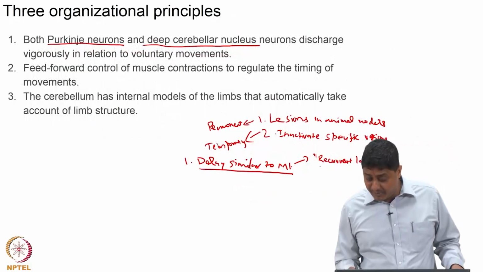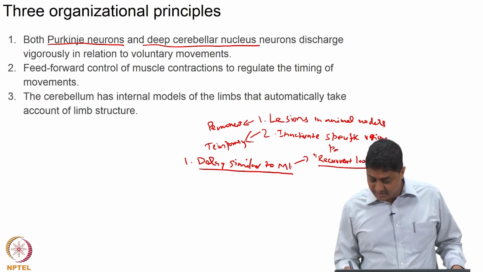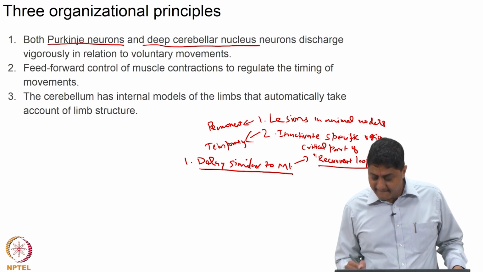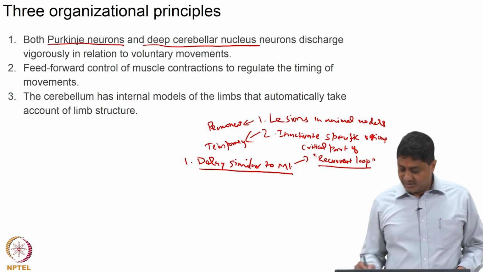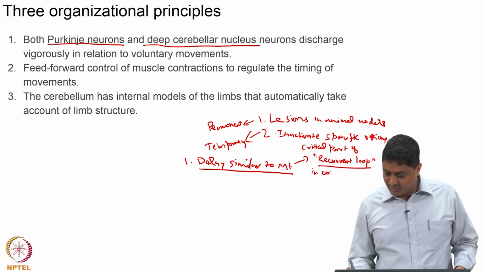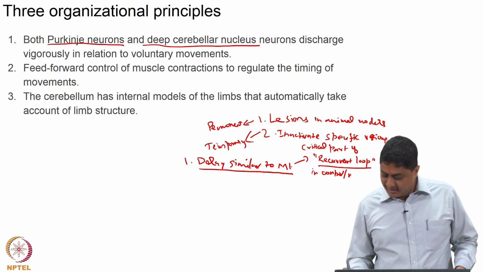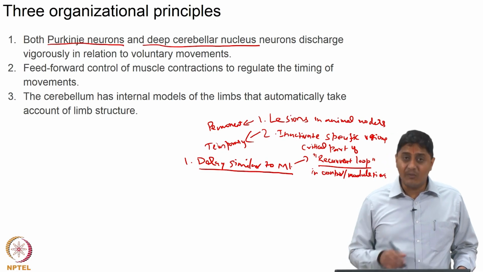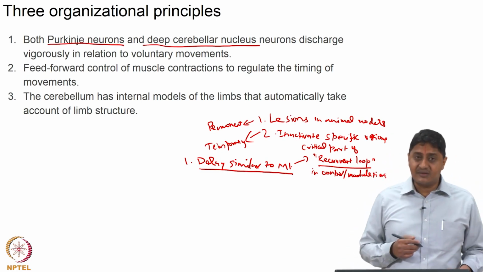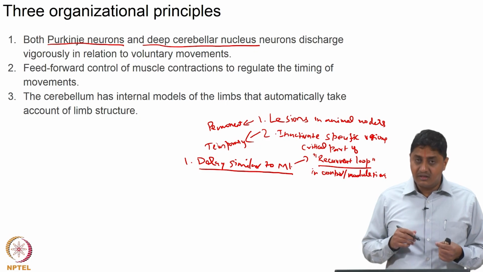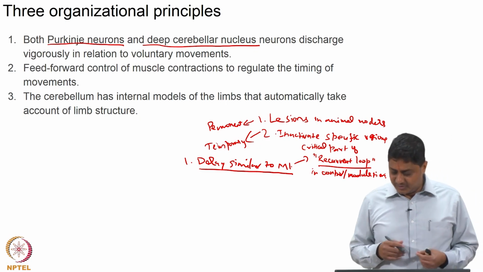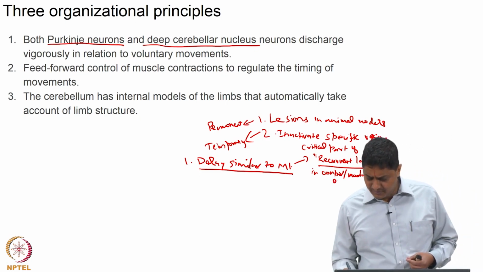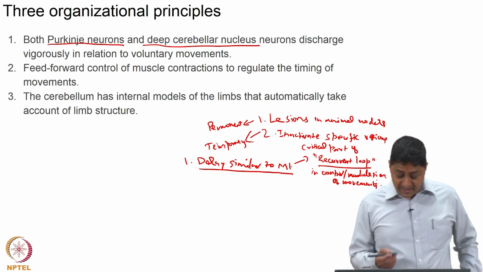So it is an important, crucial, critical part of a recurrent loop in control and modulation of movements. So it is not controlling movements like the M1 does, but it forms an important element of a recurrent loop in the control of movements. Okay. So that is one.